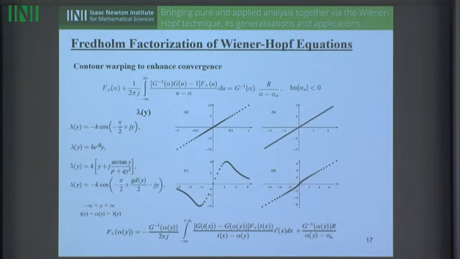All these contours can be applied. This is really effective, especially when we generalize to an arbitrary tilted angle here. Okay, so here is a change of variable to do contour warping, and these are the same equations reported here after contour warping.